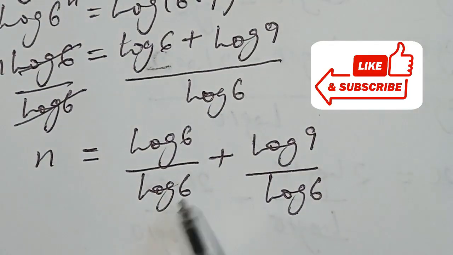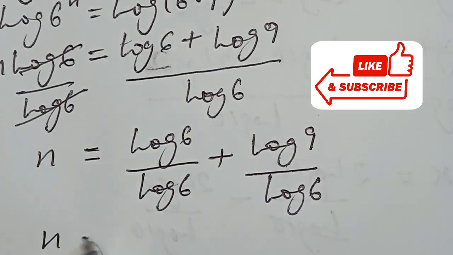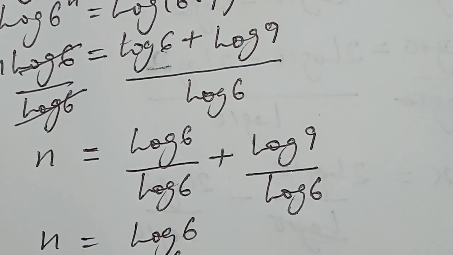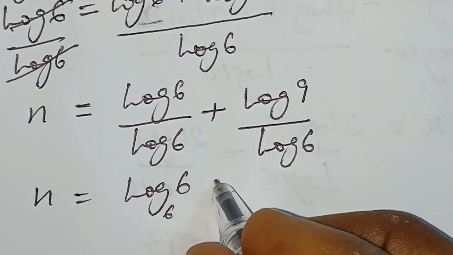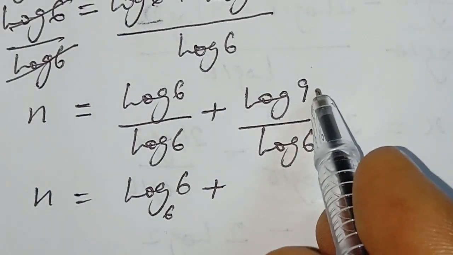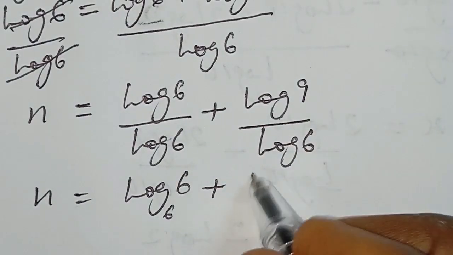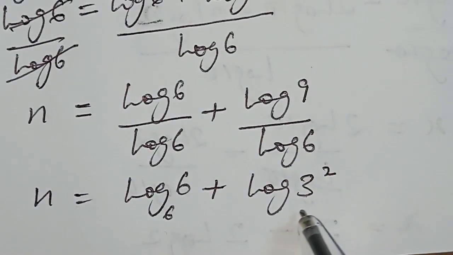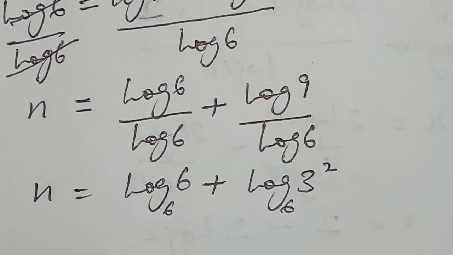So this can be written as n equal to log 6 to the base 6 plus, simplifying 9, log 3 to the power of 2 base 6.